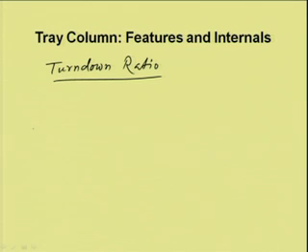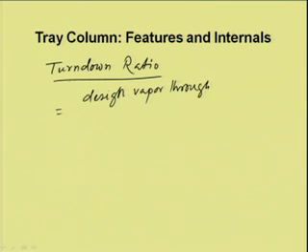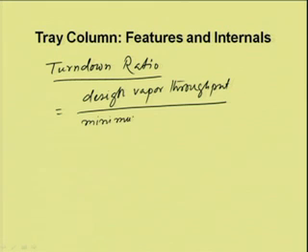So, to make it flexible, we define a term called turn down ratio, which is equal to the design vapor throughput divided by the minimum operable throughput.